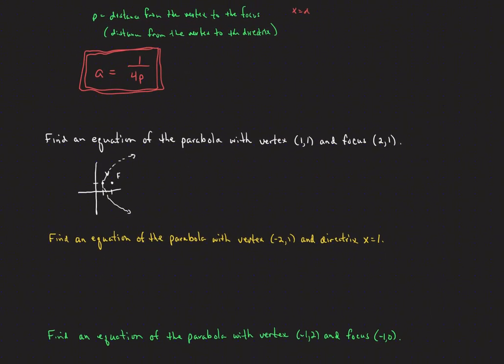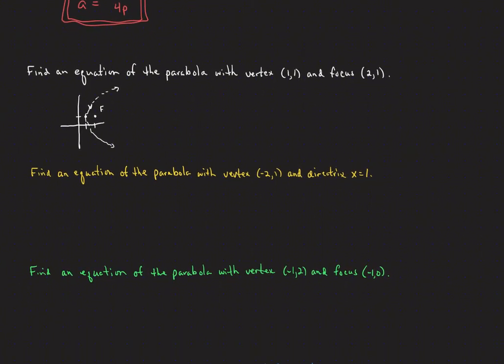Okay, so now let's come back to the problem we were going to try to do here. We're trying to find an equation of a parabola with vertex (1, 1) and focus (2, 1). So we can see it's going to open sideways. We know right off the bat it's going to be a parabola of the form x equals a times (y minus k) squared plus h, because it's a sideways parabola.